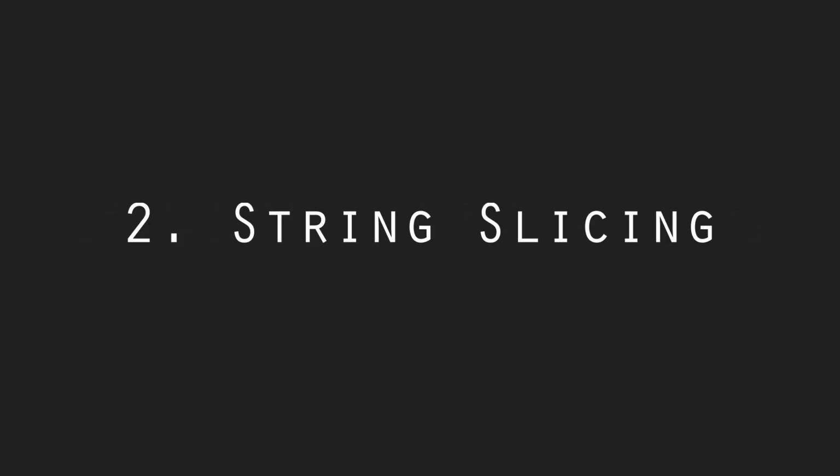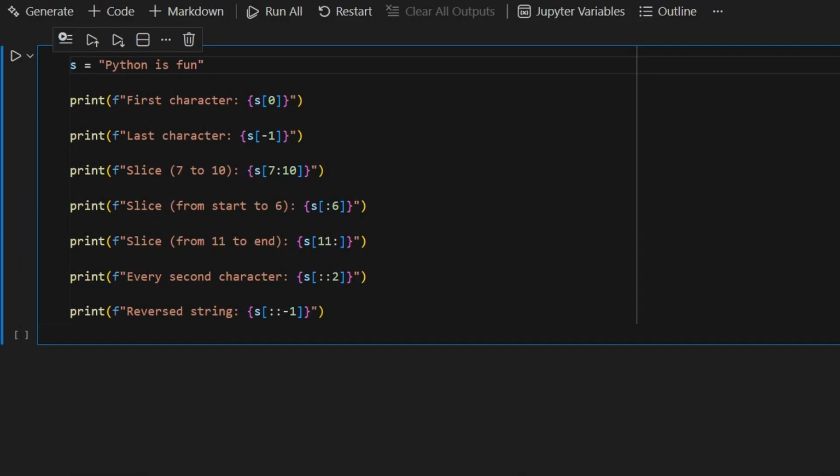Concept number 2, string slicing. In Python, as in some other languages, we can access single characters in strings. This is done using brackets and the index, which denotes the character we want to access. So here, when we want to access the first character, it's denoted here.